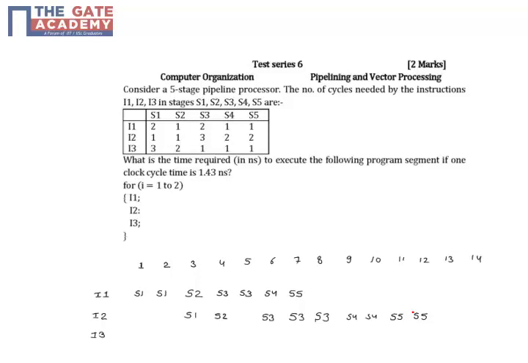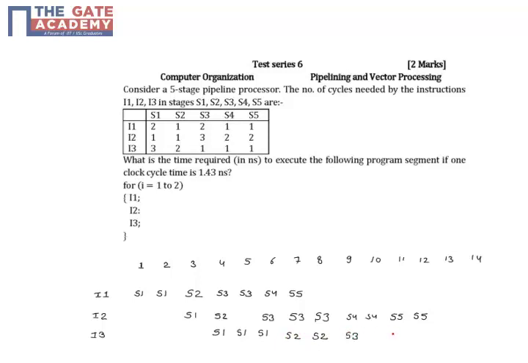Now for instruction number 3, S1 will start from clock number 4 and it will execute for the next 3 clock cycles. S2 can start from here only, and S3 can also start from here.